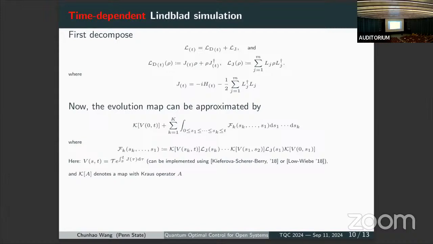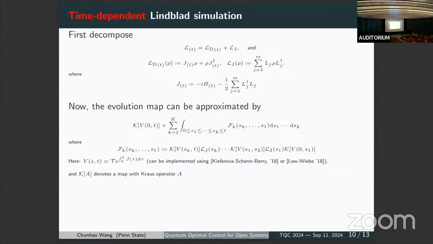And then again, this integrand is completely positive. But now this V of S, T looks like the time-dependent Hamiltonian evolution, but you have this non-Hermitian part over there. But you can still use the algorithm for time-dependent Hamiltonian evolution to implement this operator.